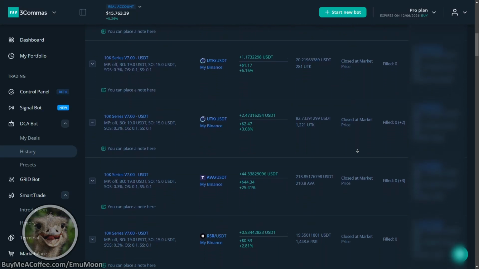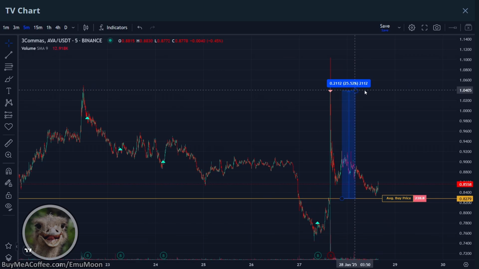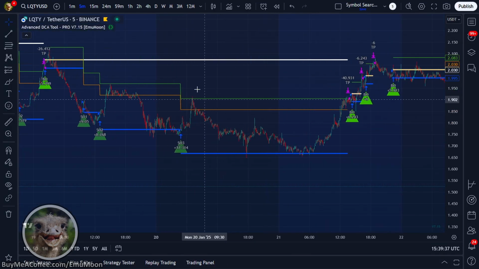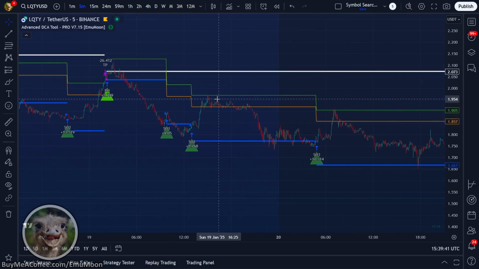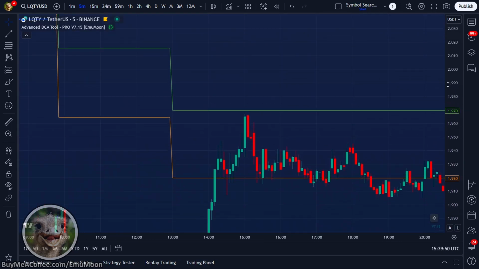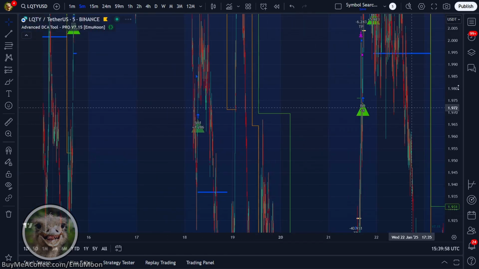Myself and many of the members have reports of some excellent profitable deals, even some from today, which were really great to see. Dynamic take profit does sometimes choose to prolong deals when it identifies promising opportunities, which then retrospectively looking at that deal can be frustrating if the deal does not exit. But for the most part, dynamic take profit does do a great job of exiting those deals at opportune moments.